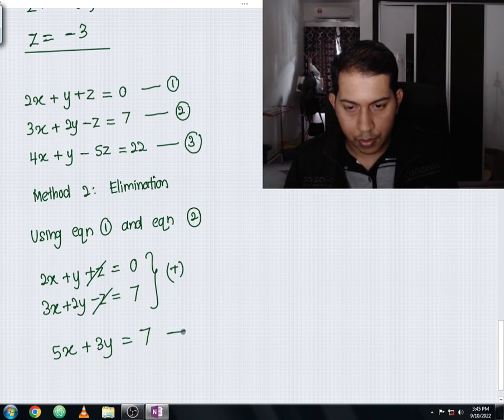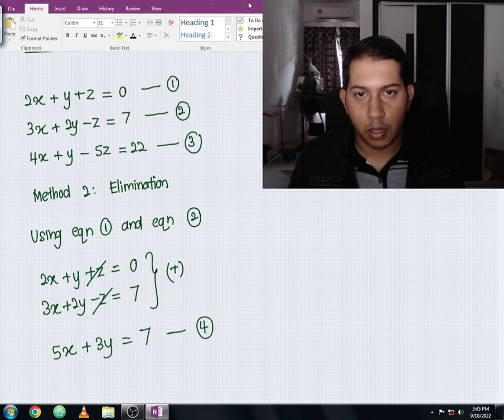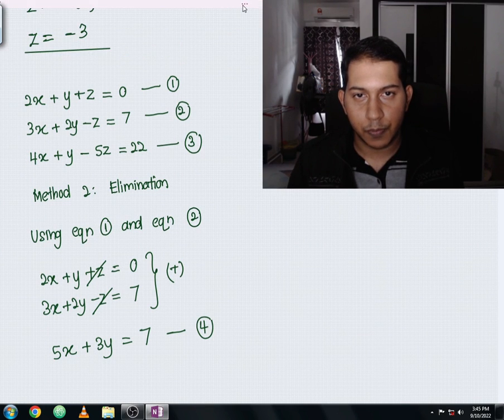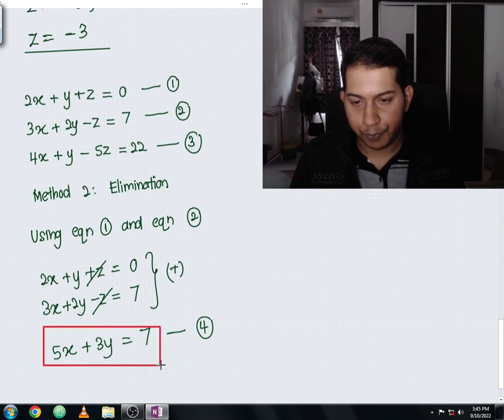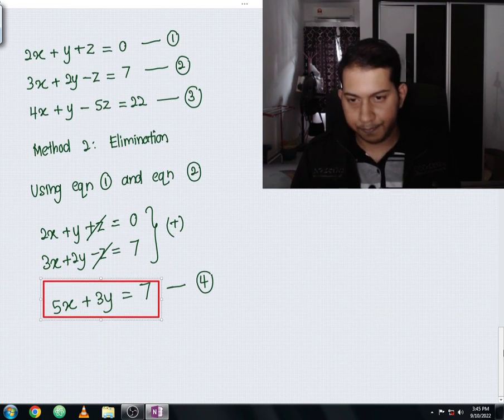This is your fourth equation, and this is your first 2-variable equation. So make sure that you highlight this. Usually what I do is box this so that it will be easier for me in the upcoming working. So 5x plus 3y equals 7, equation number 4.